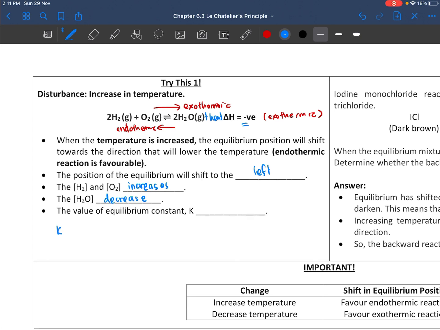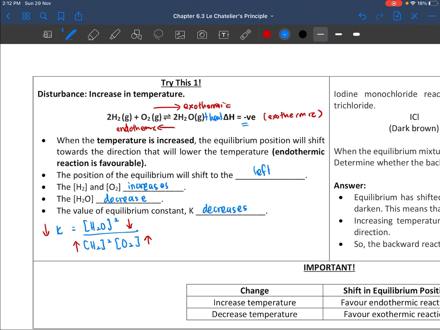Okay, so nak cari K kena ada formula lah. K equal to concentration H2O to the power of 2 over concentration H2 to the power of 2 concentration O2. Okay, so now the equilibrium constant K. Okay, so kita tengok H2 dan O2 kita kata akan meningkat. Okay, so H2O menurun. So number yang kecil bahagi number yang besar, that means K kita akan berkurang. Okay, so over here the answer is K decreases.